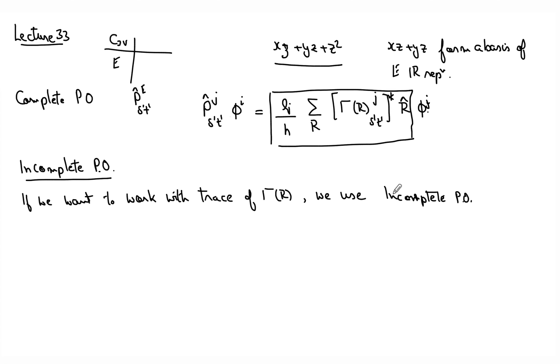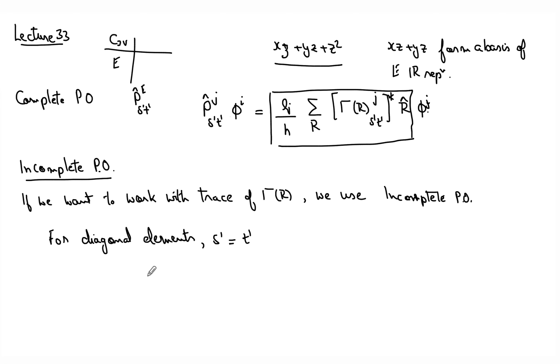Because we want to work with traces, and traces deal with only diagonal elements, we need to talk about only diagonal elements. This one deals with all elements. So for diagonal-only elements, we can say that the index S prime is equal to T prime. I can equate S prime to T prime and only worry about the diagonal elements.